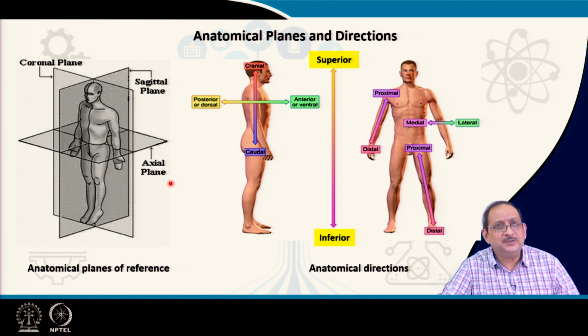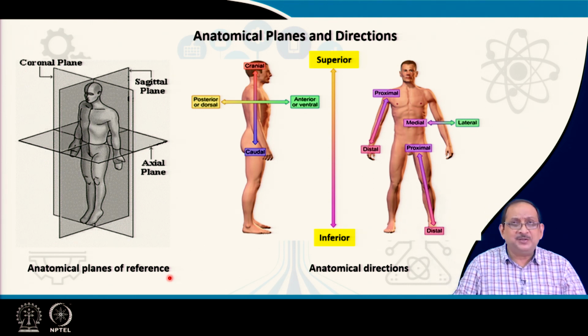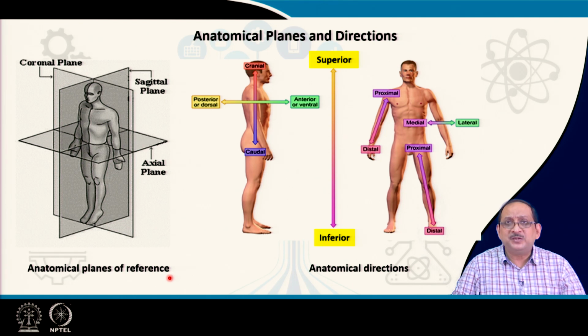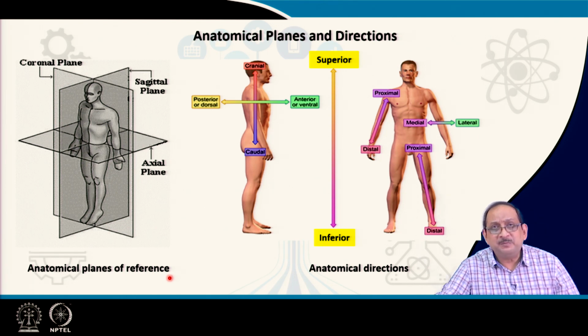These planes are known as the anatomical planes of reference, which are required to define the position of a structure in space. The anatomical directions are useful to describe the position of a structure with respect to another structure.